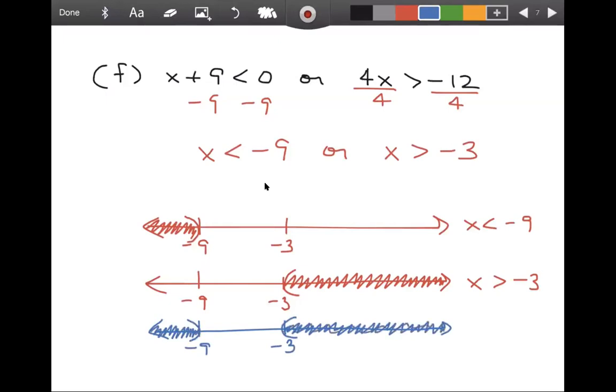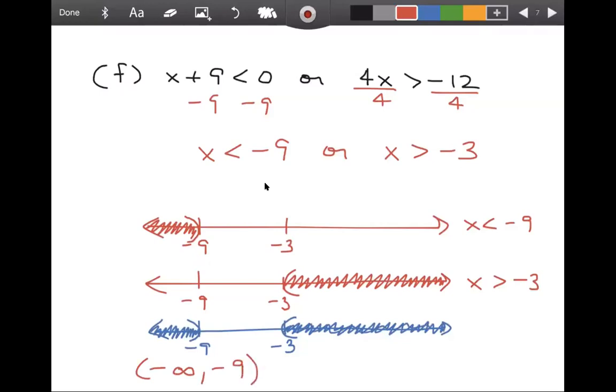Okay. So this is not an interval. This is what we call the union of two intervals. And the way that you write this using interval notation is as follows. You write the interval notation for x is less than -9, which is (-∞, -9).